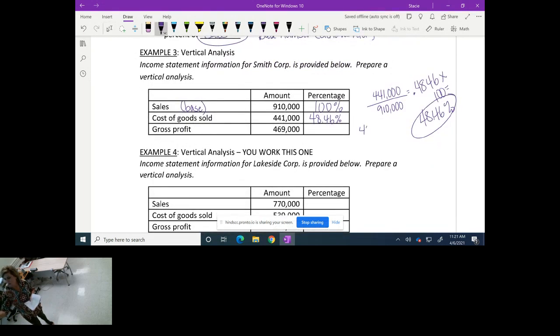All right, for gross profit, divide 469,000 by 910,000. And that's going to give us 0.5154, or 51.54%.